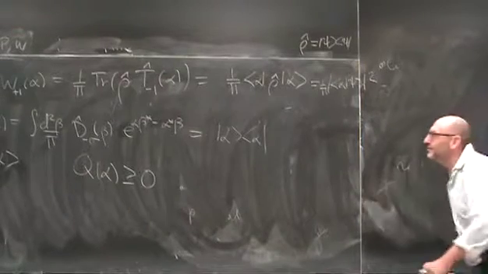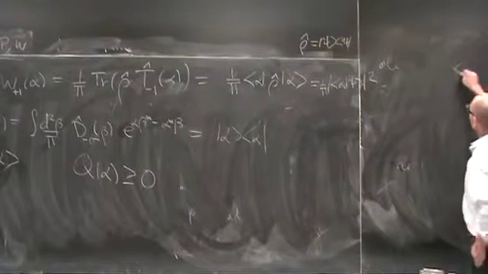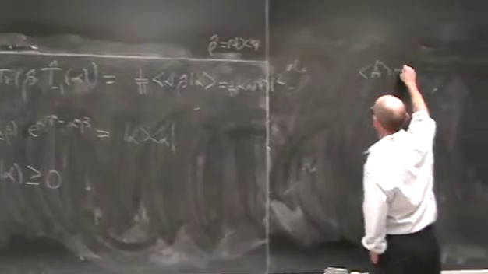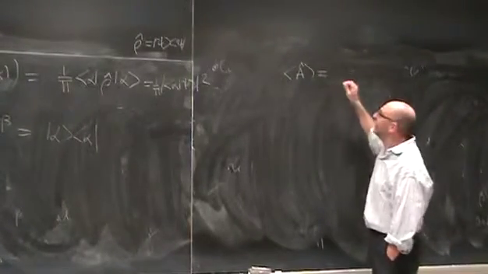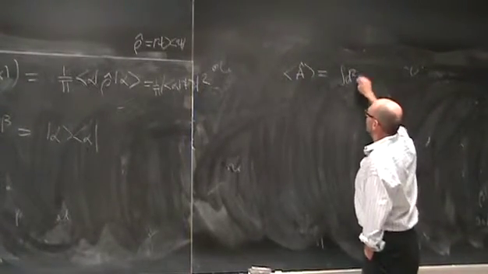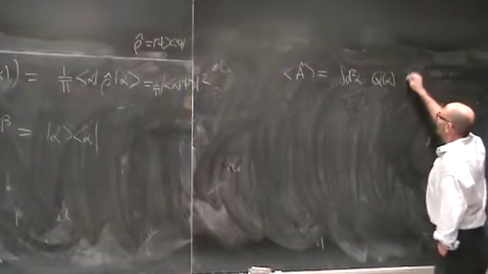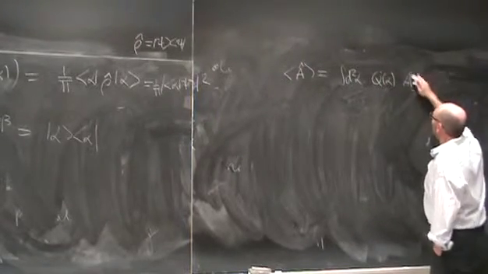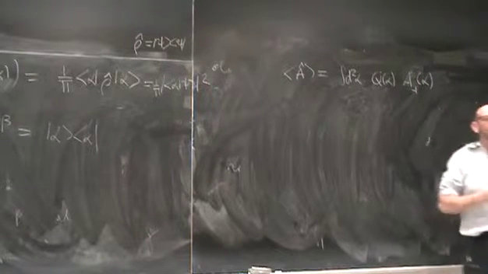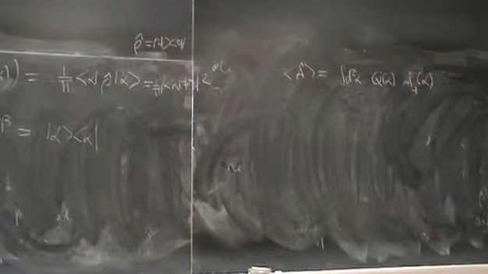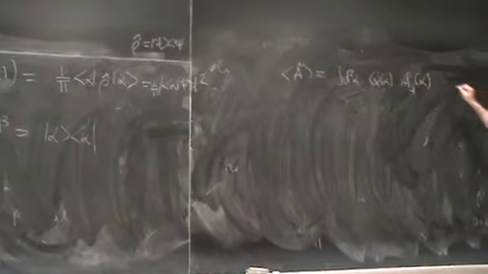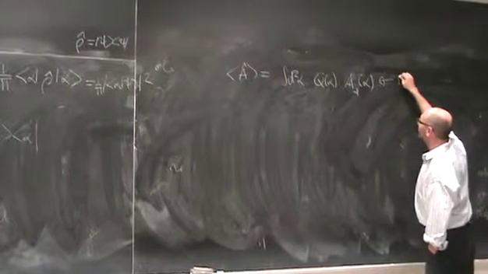So if I wanted to look at, for example, the expectation value of an observable using the Q function, I would integrate over phase space. I have my honest-to-God probability distribution, but I have this horrible A-1, the anti-normally ordered representation of the observable. And this doesn't usually exist.